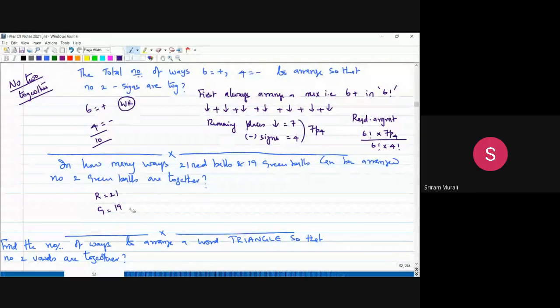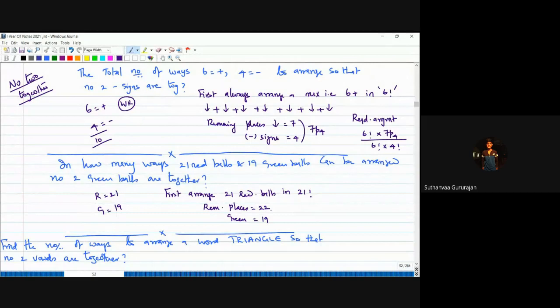So here, first, whom should I arrange? 21 red balls. 21 red balls can be arranged in 21 factorial ways. In the last problem it was 6 plus signs, 6 factorial. How many remaining places will there be? Remaining places 22. How many green balls are there? 19. They can be arranged in 22P19 ways.